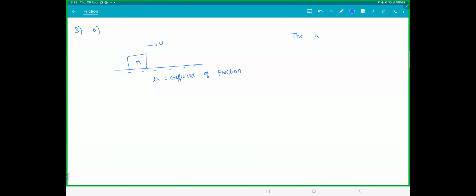Find the distance it travels before it stops. So it slides on the floor and eventually stops. The block is given speed u horizontally. Find the distance it travels before it stops. This is an easy one.